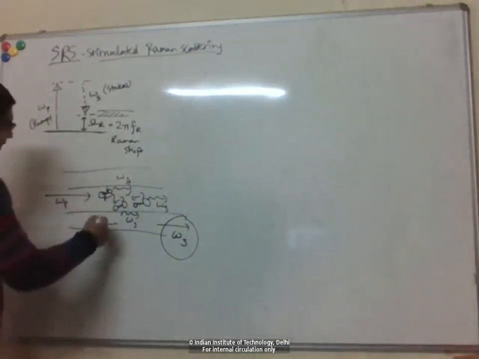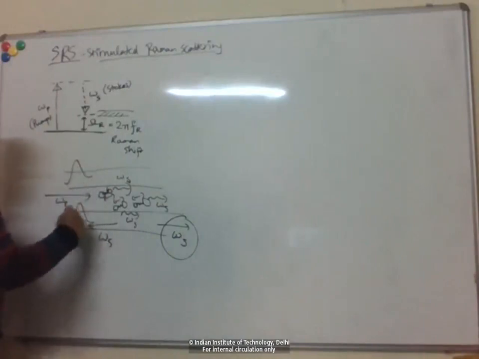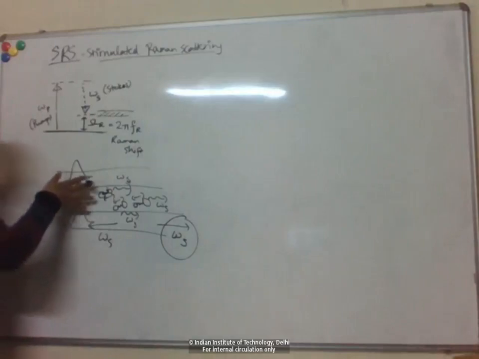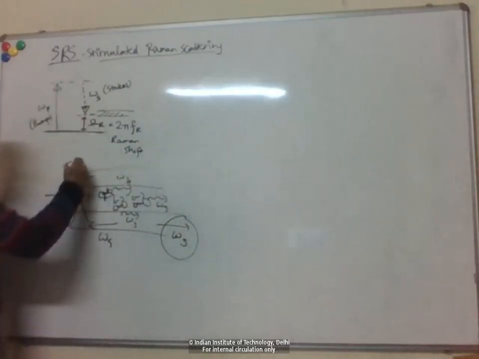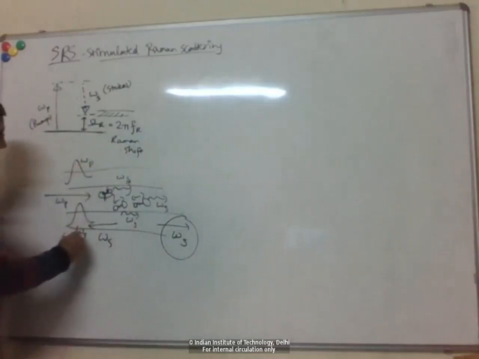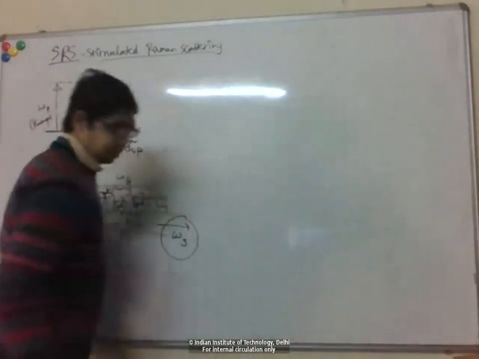Another point is that forward scattering is more efficient, right? Because remember, again, you have these pulses which are traveling, right? So the co-propagating pulses, of course, interact more. So if you have a pulse at omega p and another pulse at omega s, they of course interact more traveling in the same direction.